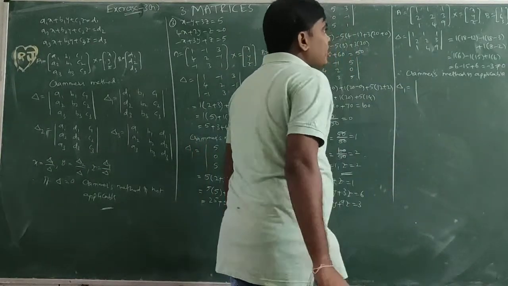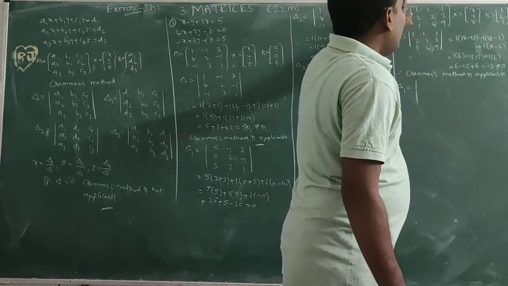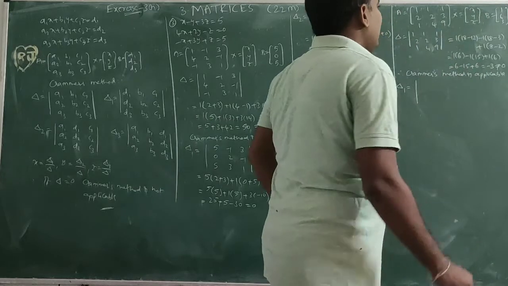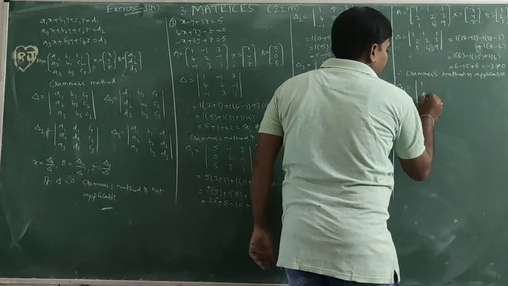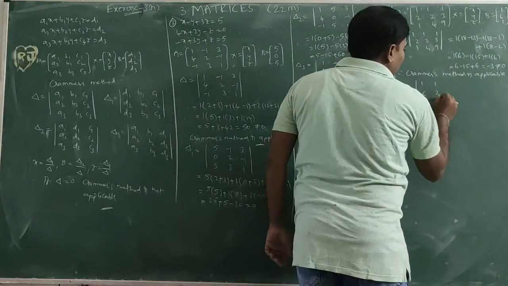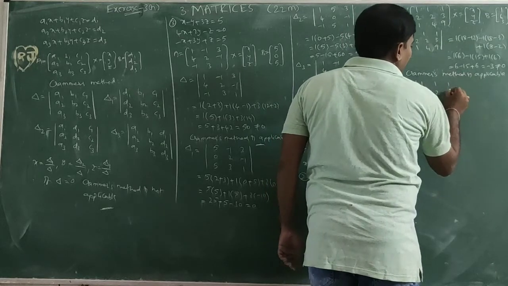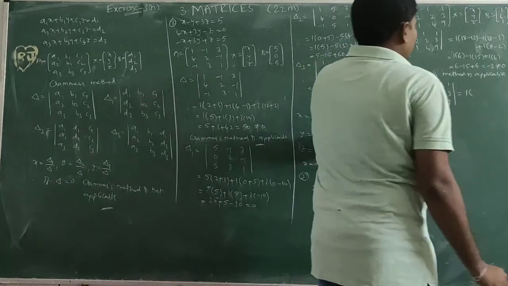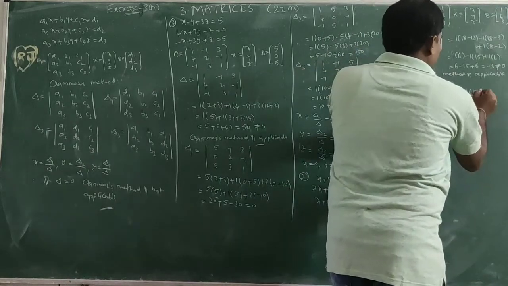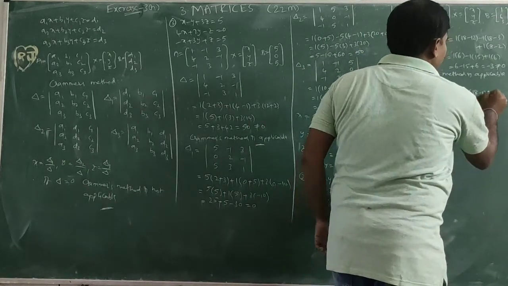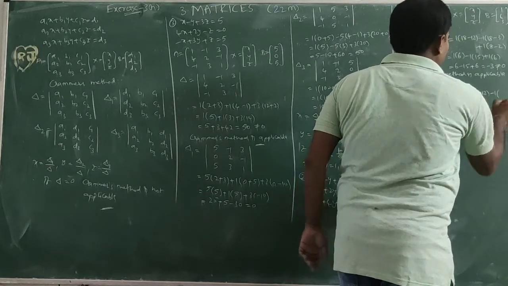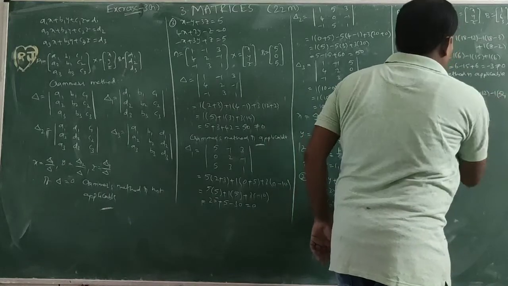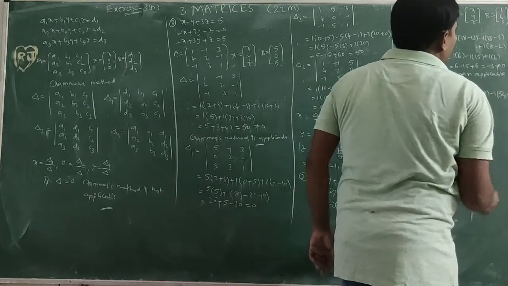Delta 1: I want to replace the first column with 1, 6, 3. Second column 1, 2, 4. Third column 1, 3, 9. So 1 of 2 into 9, 18, 4 into 3, 12, 18 minus 12, 6. Minus 1 of 6 into 9, 54, 3 into 3, 9, 54 minus 9, 45.